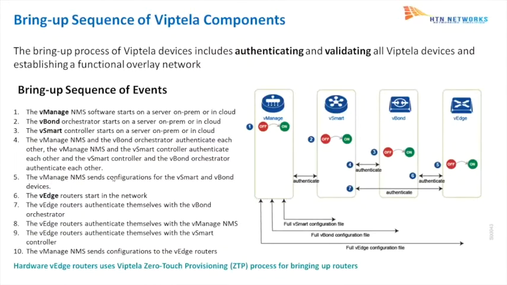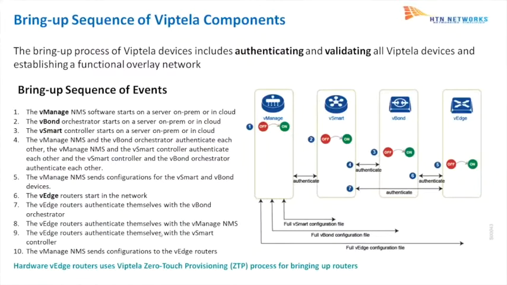And then when we bring up a vEdge router, it starts on the network. On the vEdge router we have the minimum configuration when it comes up on the network. The minimum configuration is the IP address of the vBond. So it goes to vBond first, and vBond authenticates it. Once it is successfully authenticated, the vEdge router gets authenticated against the vManage.